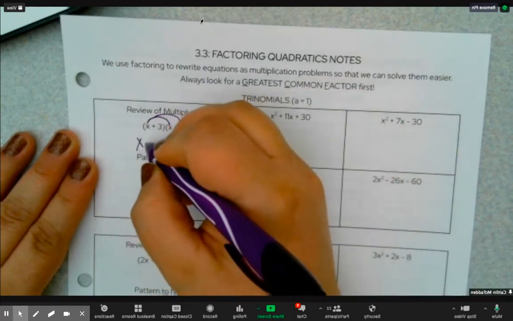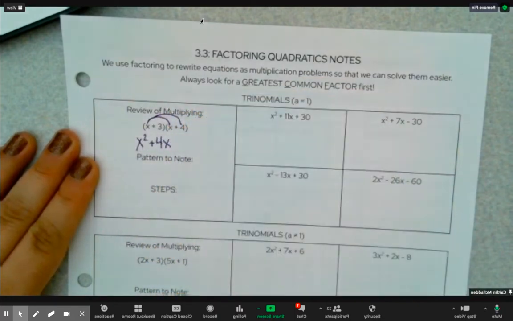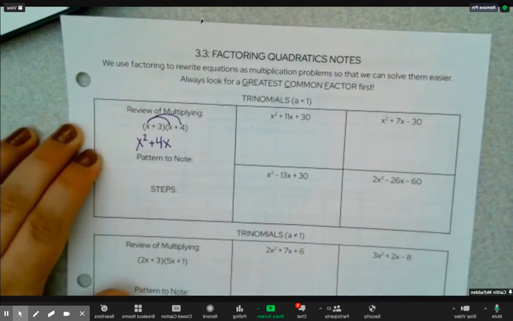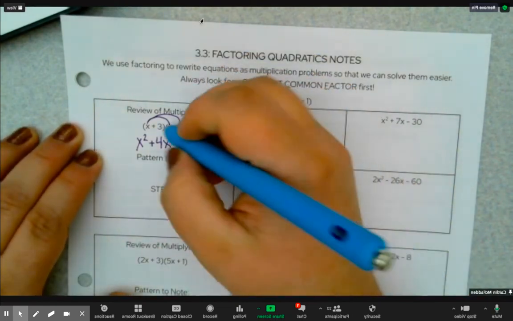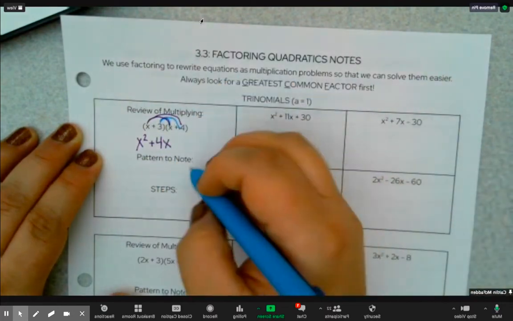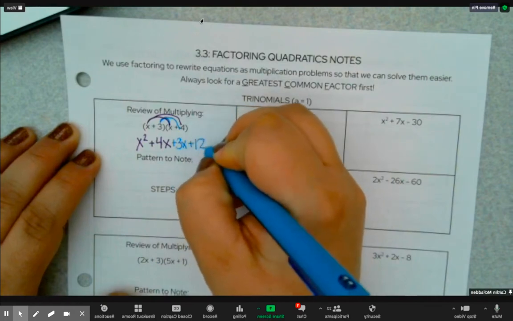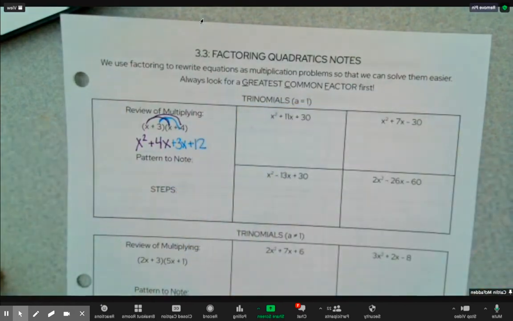X times 4 is 4x. Then you would do the same thing, but with the 3, and multiply the 3 to both of these, which would make 3x and 12. And then we'll combine those together.